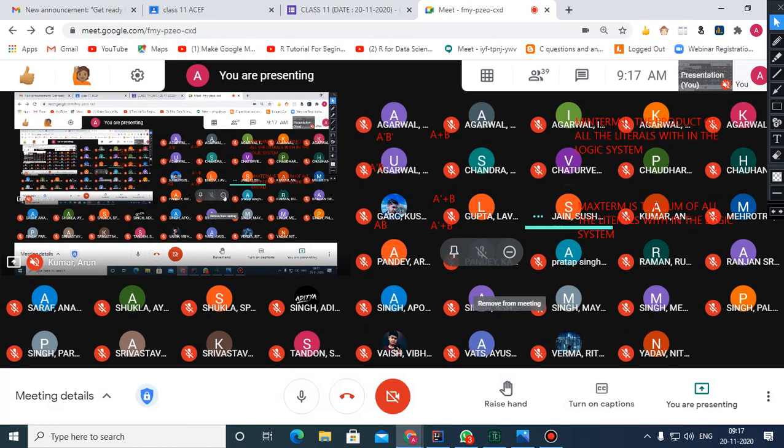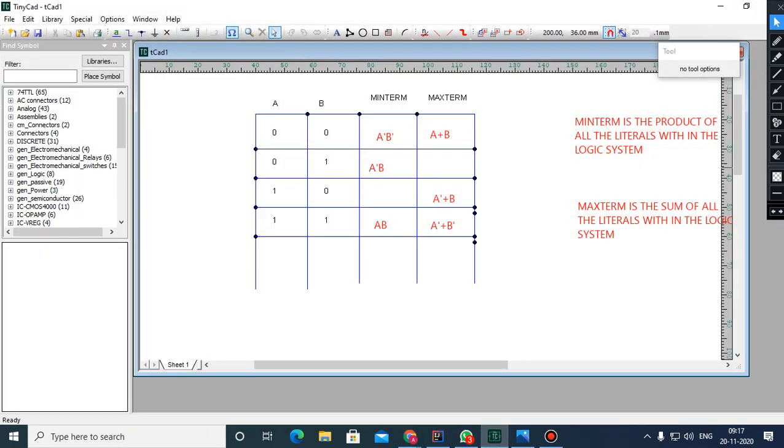Because maxterm and minterm are complements of each other. So if it is 0, then it is 1. It simply means that if in minterm we have considered 0 as complement, then in maxterm we are going to consider 1 as complement.